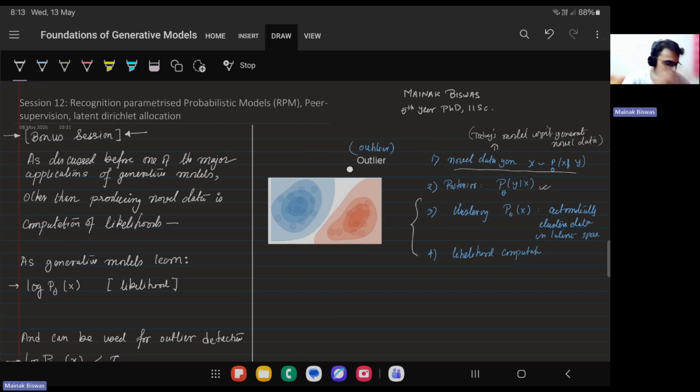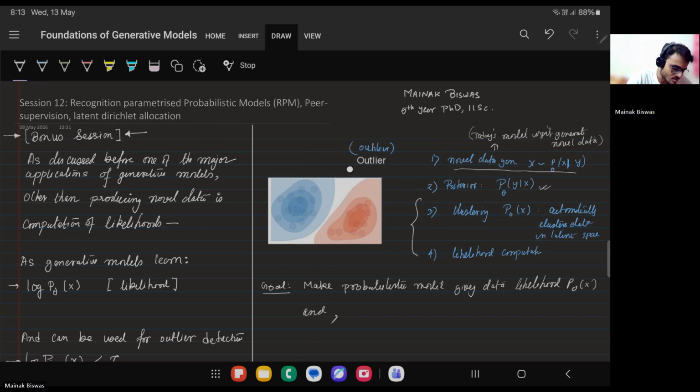So we will try to make a probabilistic model. The goal is to make a probabilistic model giving data likelihood p theta of x, and clustering data based on high-level features.